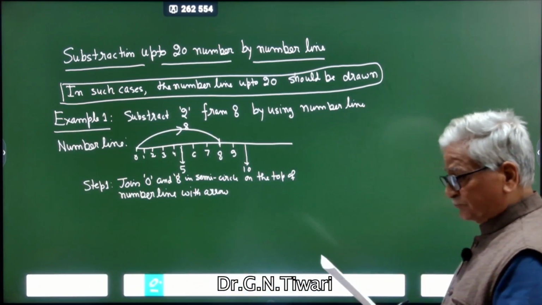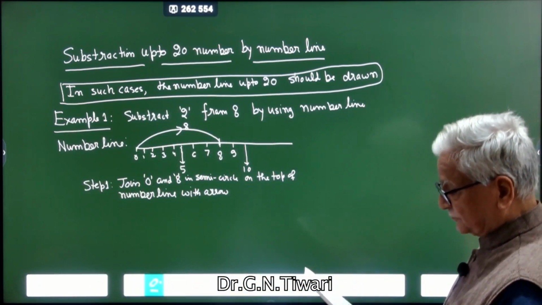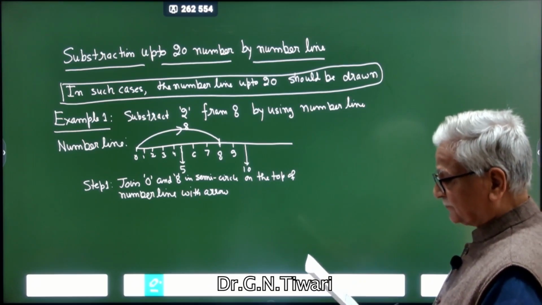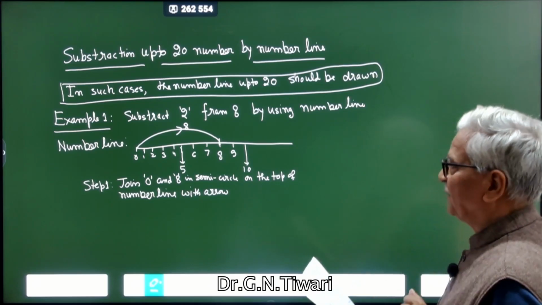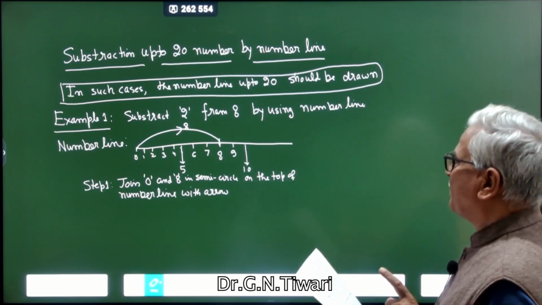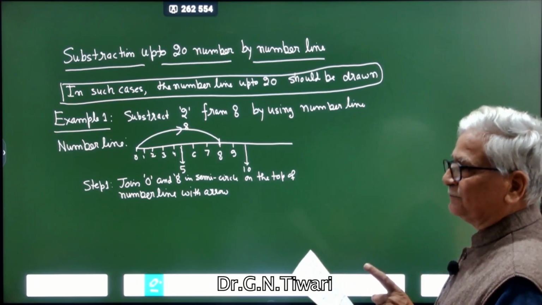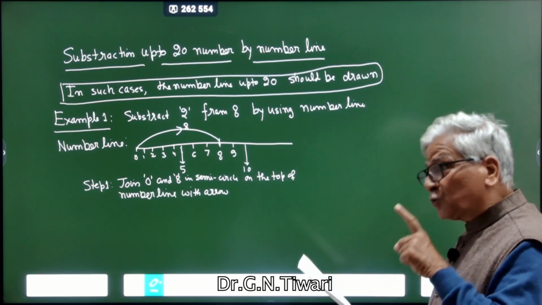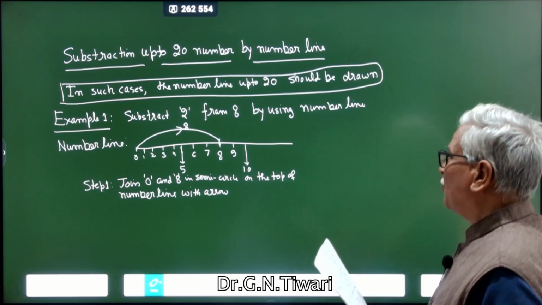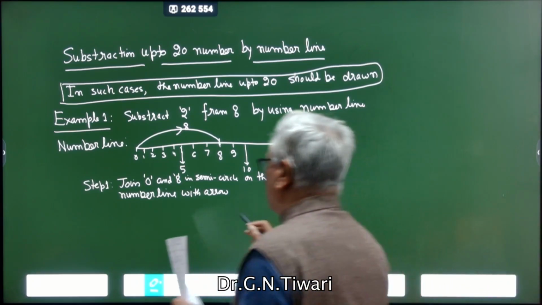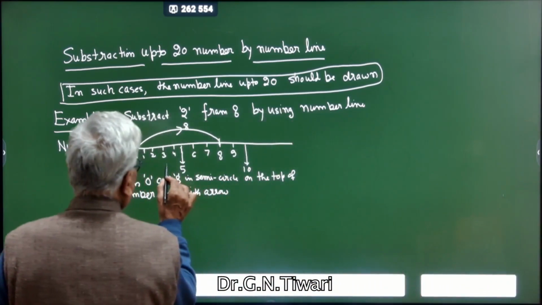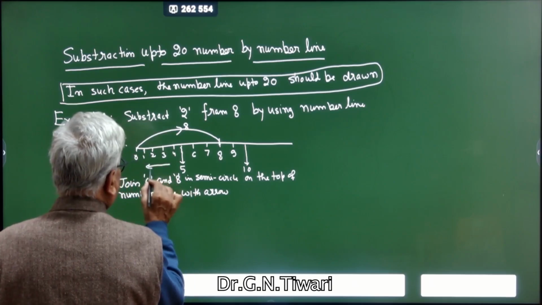Now just see, you have to subtract 2 from 8. So count 2 in the backward direction. This is the backward or reverse direction.